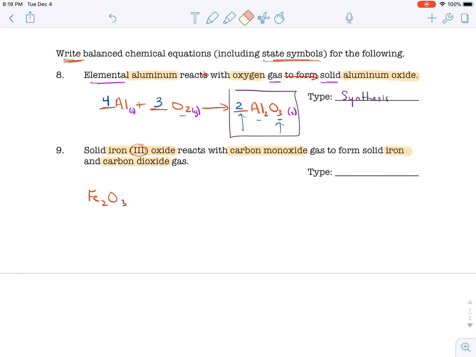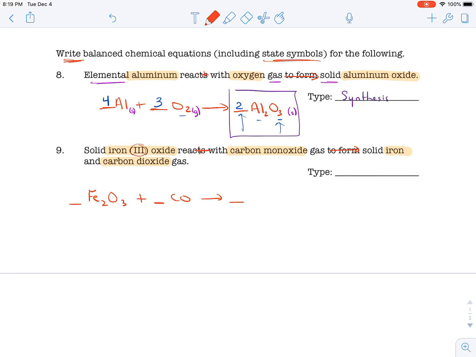All right, reacts with means we're going to put the plus sign there. Carbon monoxide. Hopefully we remember carbon monoxide, which is CO. And then we've got to form, so we're going to put an arrow.